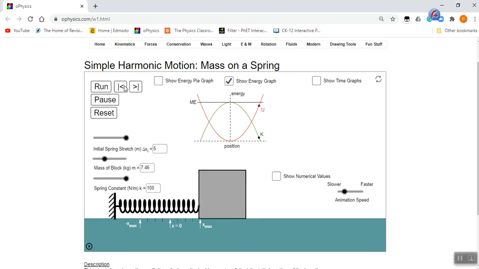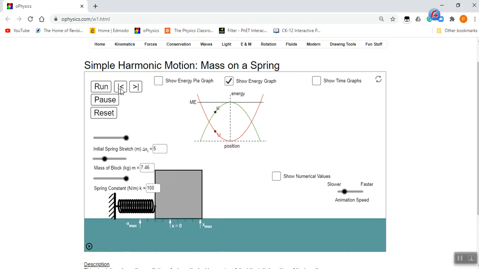And as we move it along, the potential energy decreases and the kinetic energy increases up to the point where we're at the maximum speed, which is at the equilibrium position. And then it starts slowing down, decreasing the kinetic energy, but increasing the elastic potential energy in the spring. So here we've got the most energy stored in the spring, with zero kinetic energy again.